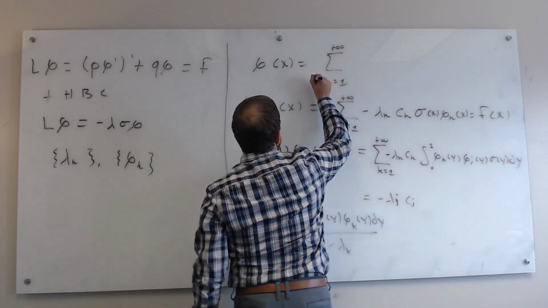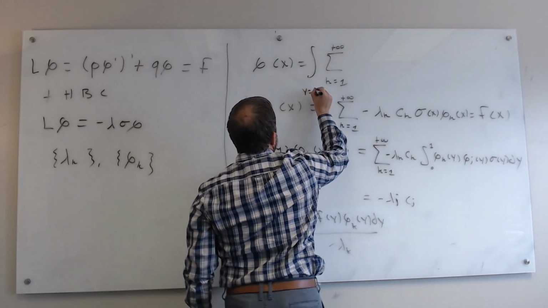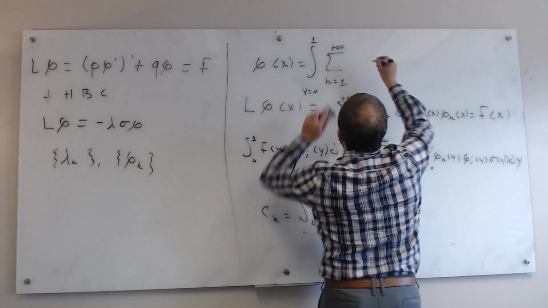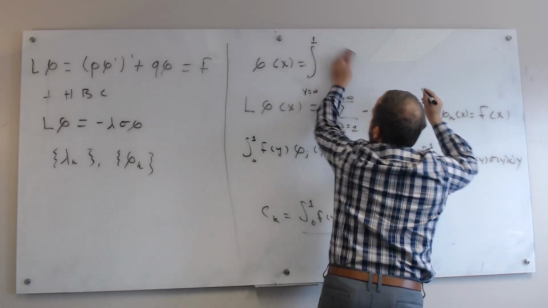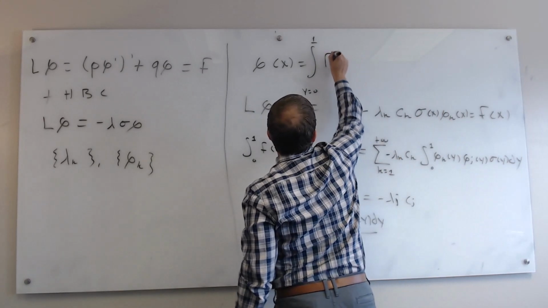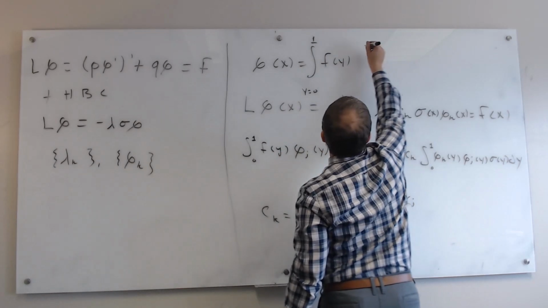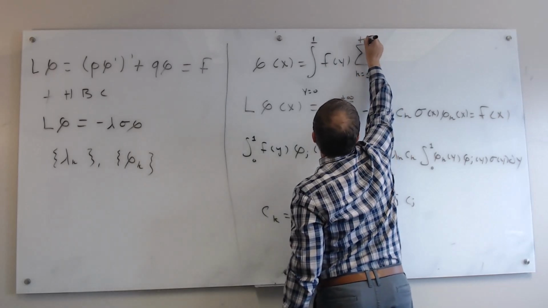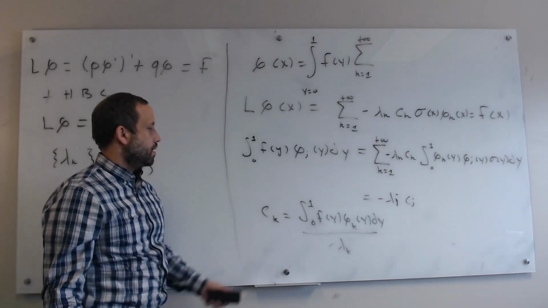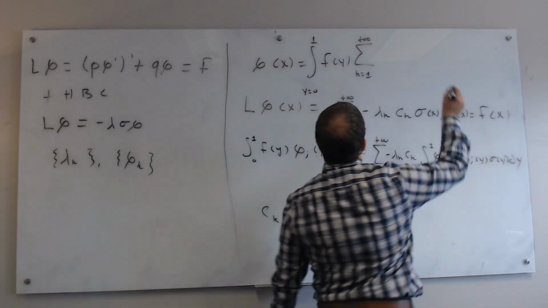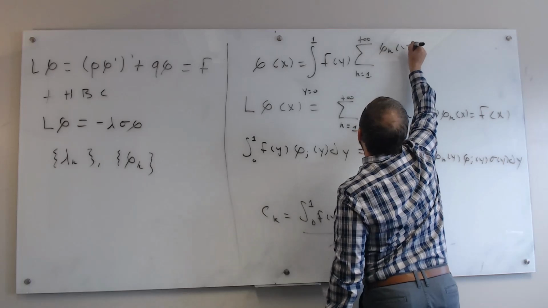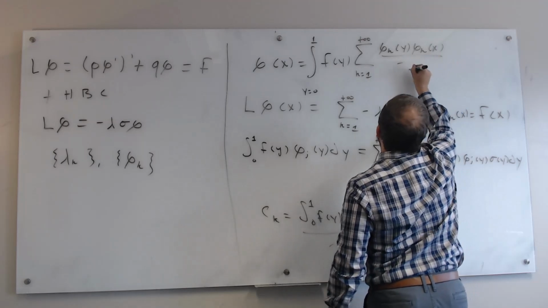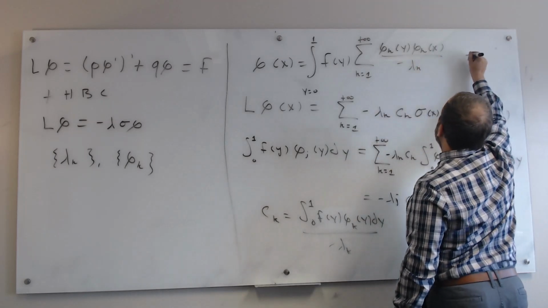We're going to have the integral on the outside, y going from 0 to 1, of f of y, and then the sum, k equals 1 to infinity, of phi k of y phi k of x over minus lambda k, dy.